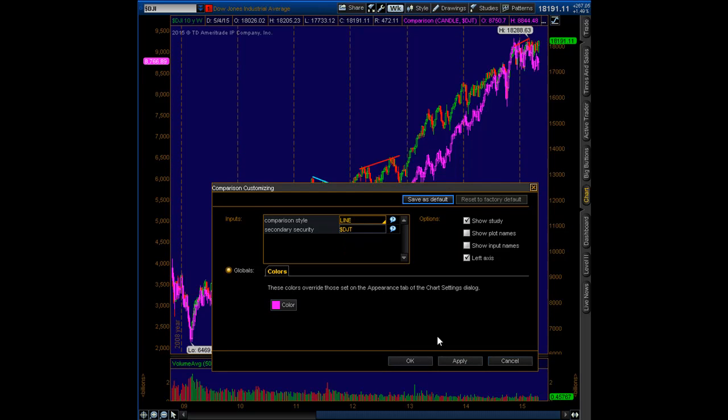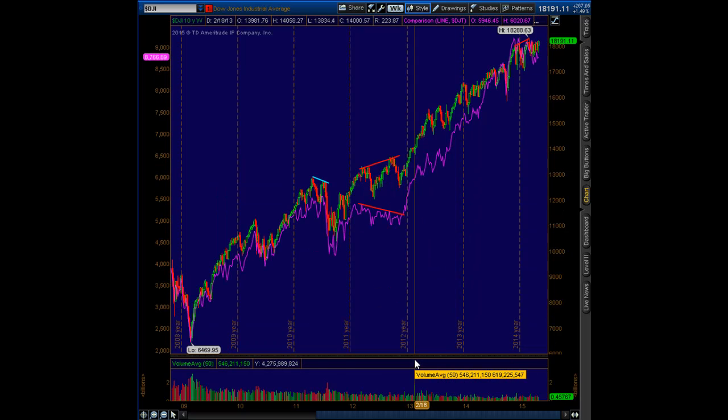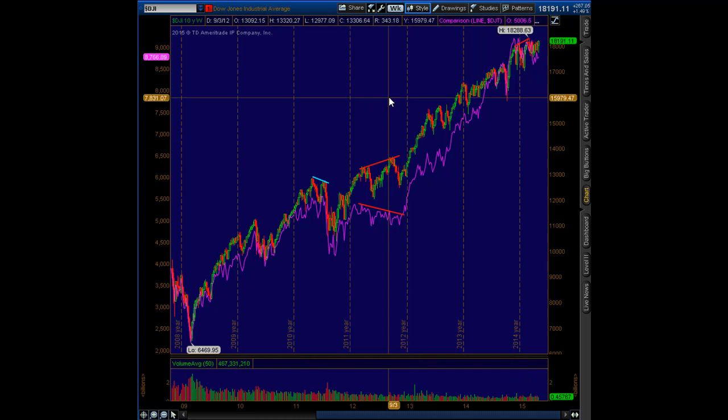Line charts are best for comparison over years of data, because all you're doing is comparing. You're not seeing where the red candle or the green candle was made. I like to look at that in the current chart I'm looking at, but you don't need to do that for a comparison.